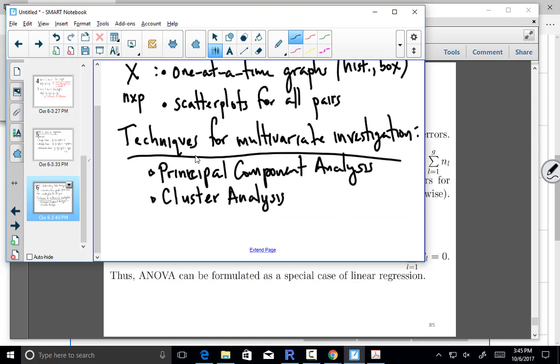Those are the two that I'm going to emphasize, but within these there are other examples. Very similar to PCA is something called factor analysis. With categorical variables, there's something called correspondence analysis. With distance-based data, there's multidimensional scaling.